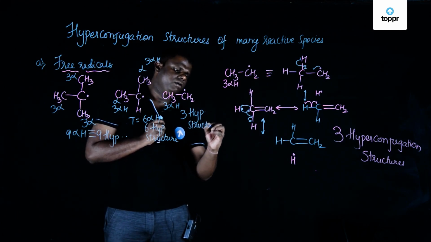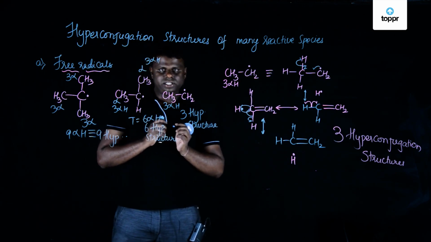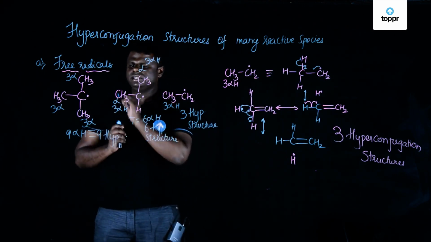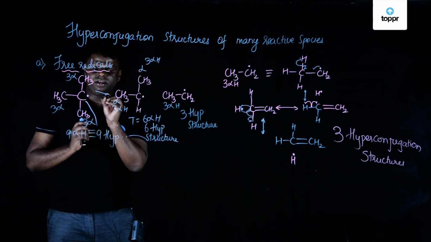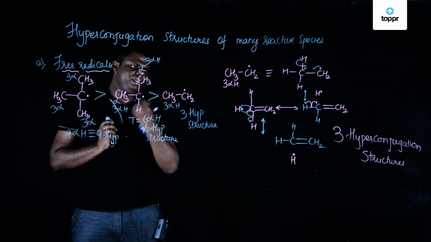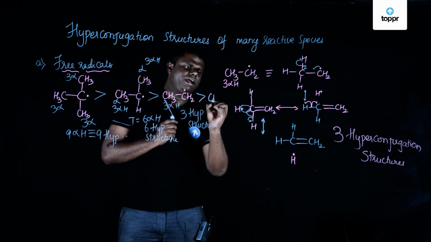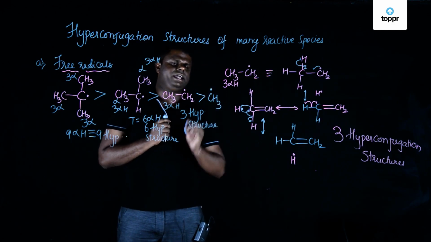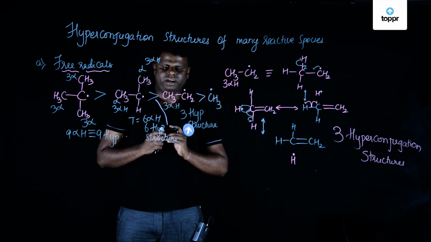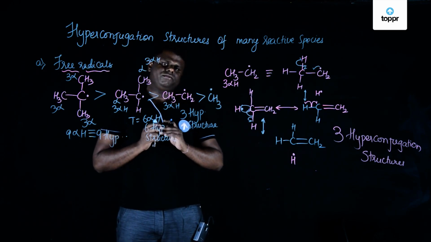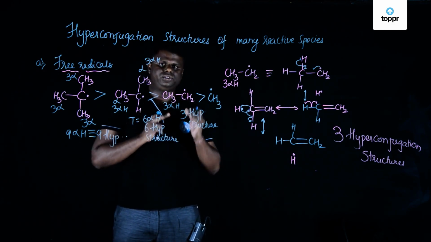The more the hyperconjugation structures, the more the stability. So I would say the stability is of the order tertiary, then secondary, then primary, and then the methyl radical, which does not contain any alpha carbon or alpha hydrogen. So this was about a few examples of hyperconjugation.